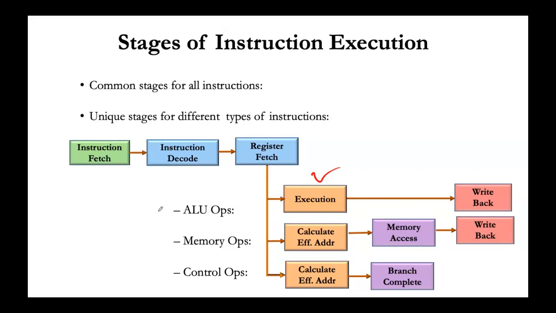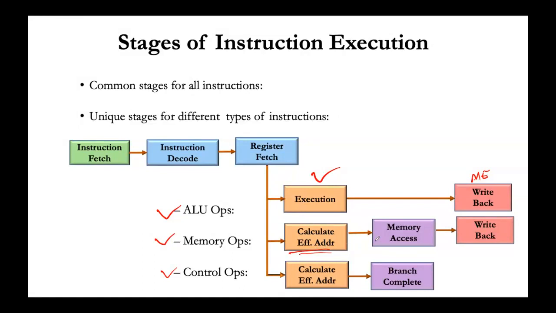So in the execution stage, it is going to execute either arithmetic and logical operations, or the memory operations, load and store, or your control operations. So for arithmetic and logic operations, after execution, it goes right back into the memory. But when it is executing the memory operations, during the execution, it calculates the effective address.